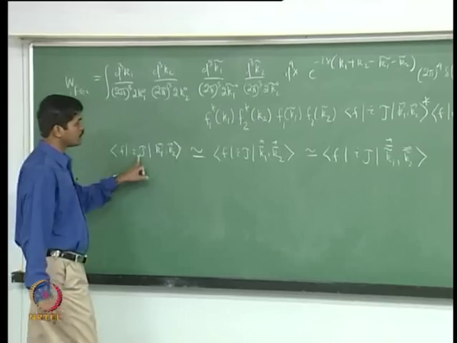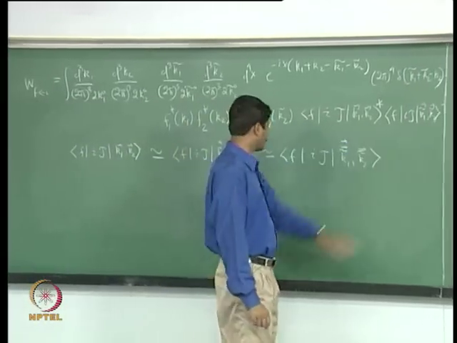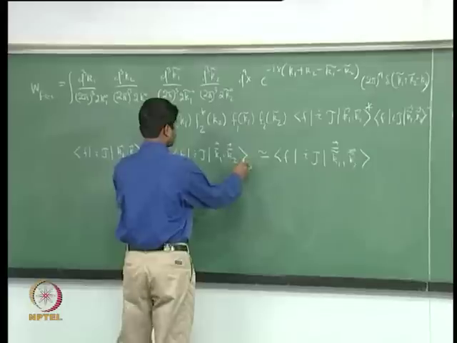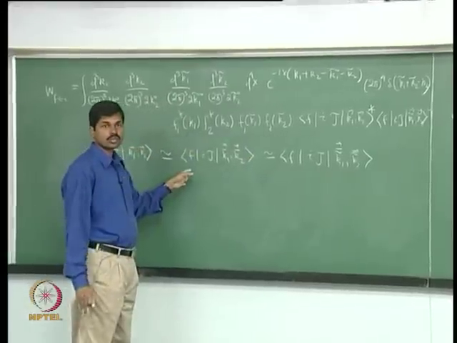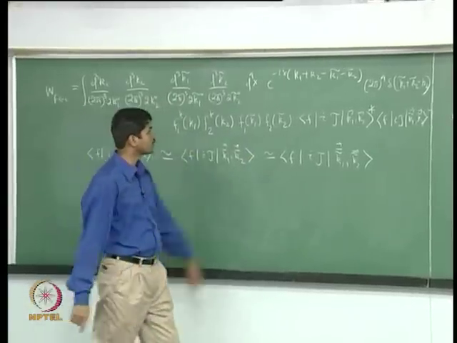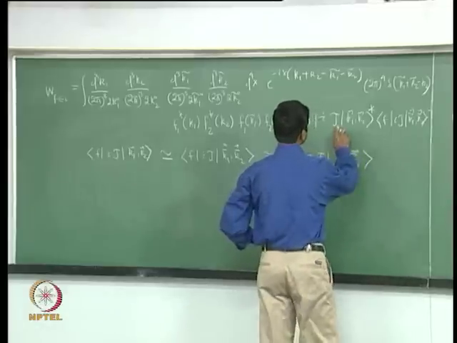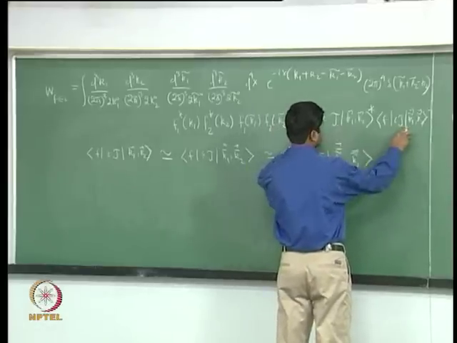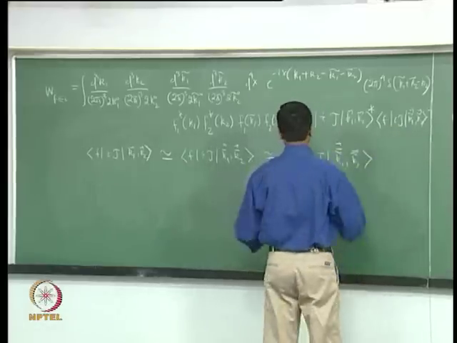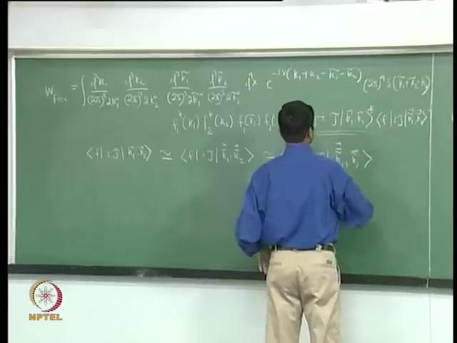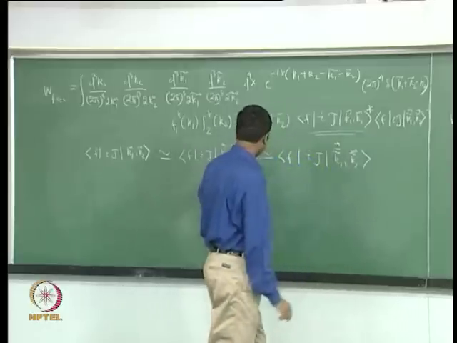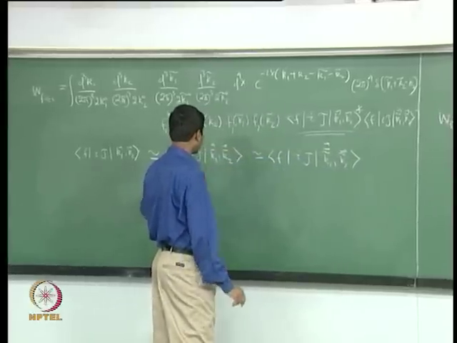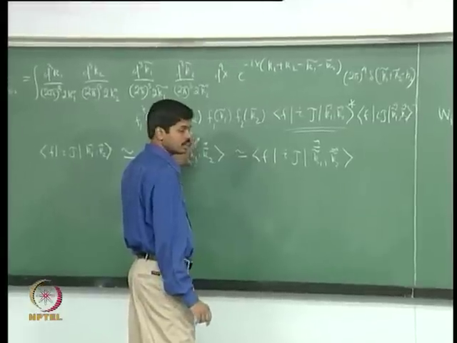Then for this I will just substitute the mod square of this. So the assumption here is that these matrix elements are slowly varying, and they are nearly equal to this quantity here.